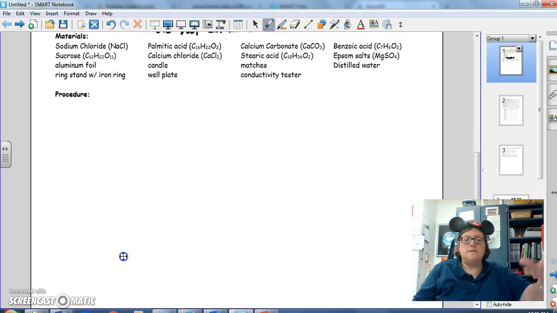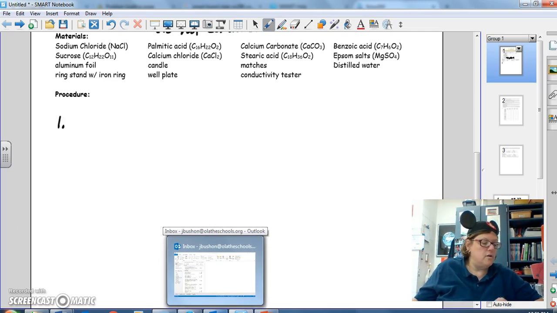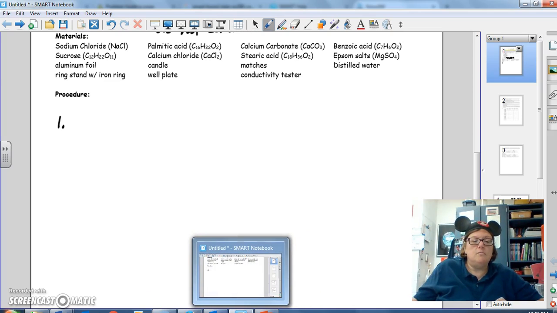This is going to be a step-by-step process. Alright, step 1. You're going to use the chemical formula provided to determine whether each of the compounds listed in the data table are metals or non-metals, and therefore are they ionic or covalent. Okay, what does that look like?